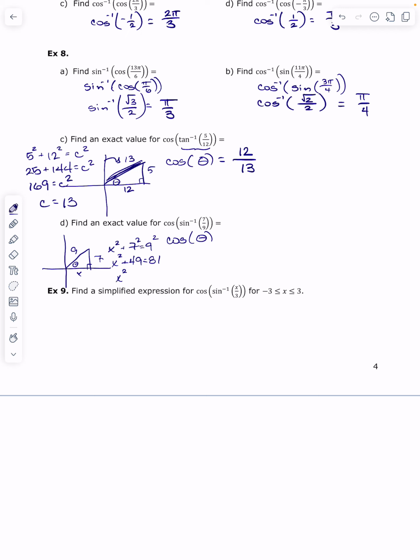If we subtract 49 from both sides, I get x squared equals 32, which means x equals the square root of 32. If we're being asked to reduce, that's the square root of 16 times the square root of 2, or 4 square roots of 2. But my cosine, which is the length of the adjacent side over the length of the hypotenuse, is going to end up being 4 square roots of 2 over 9.